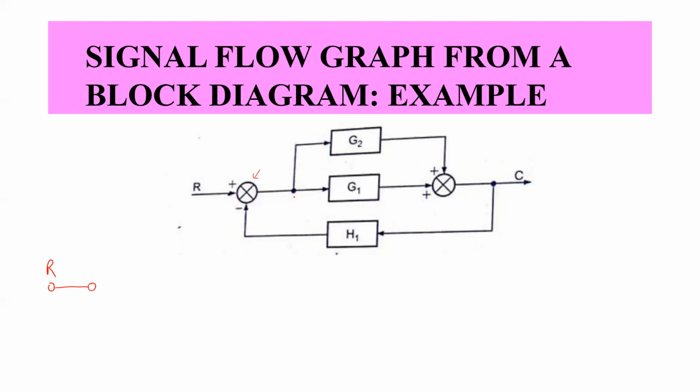Now we have this takeoff point. This takeoff point can also be a node, but then we need to identify whether it will be a separate node or it will be added with this summing point. So let us see what is the output at this particular point.